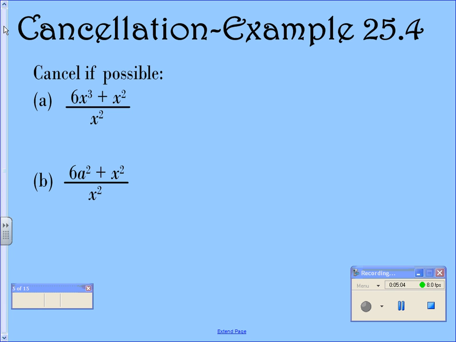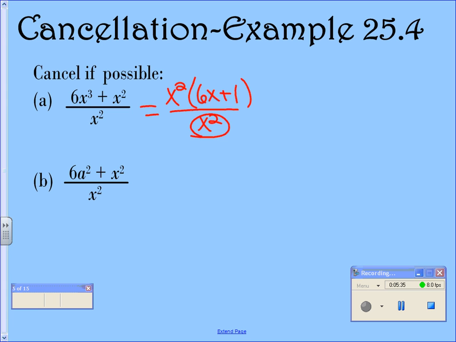For these, we want to cancel if we can. What you want to do, first off, can you factor anything from these two terms? What can you factor? If you pull out an x squared, what is left? Do you agree? Can we factor this? It's just x squared because it's just one term, right?